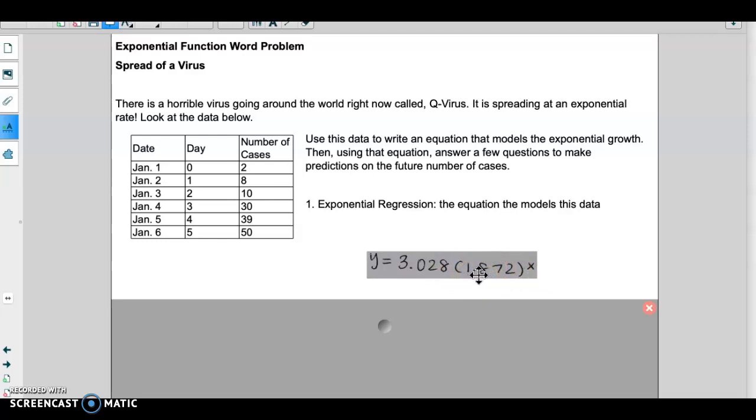You can see our y-intercept is actually 2, but like I said, the exponential regression estimates and has to hit about all of these points from our data. So that's why it's a decimal and not exactly 2.